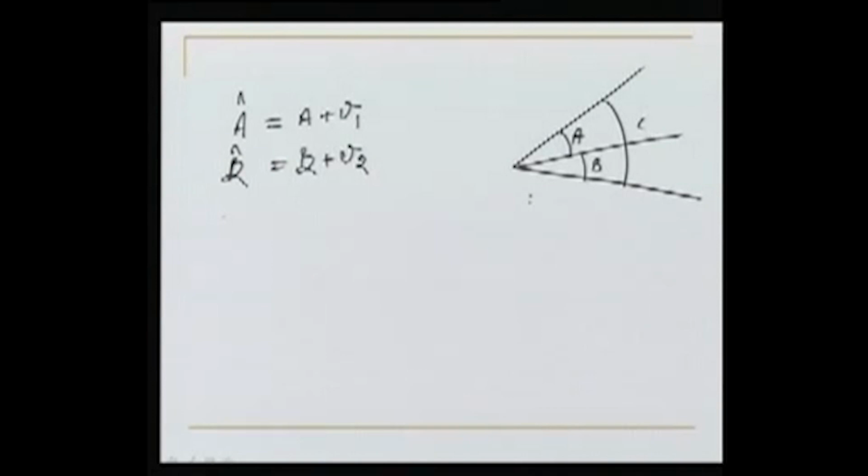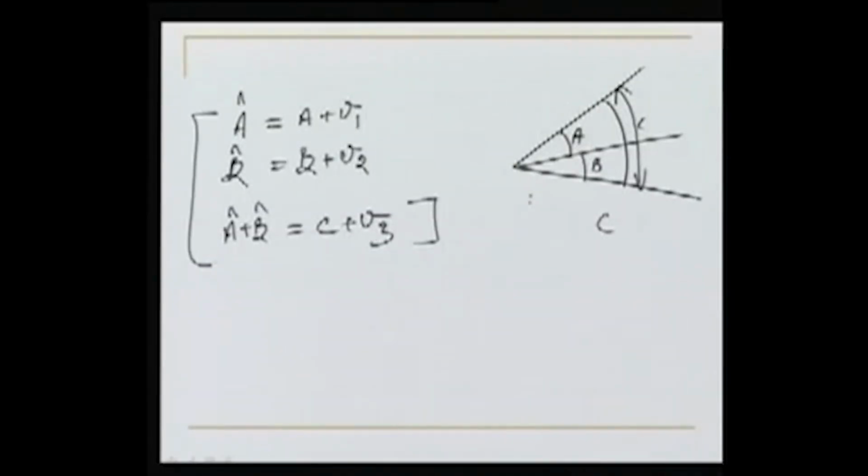Similarly, for the total angle, can I write this total angle, that is C, in terms of my parameters or the unknowns? I can write it as A hat plus B hat is equal to C plus V3. This is important here. What we have observed is the full angle, and that full angle is nothing but A hat plus B hat. The value of that is C, and in that C there is some error, V3. This is how we are writing it.